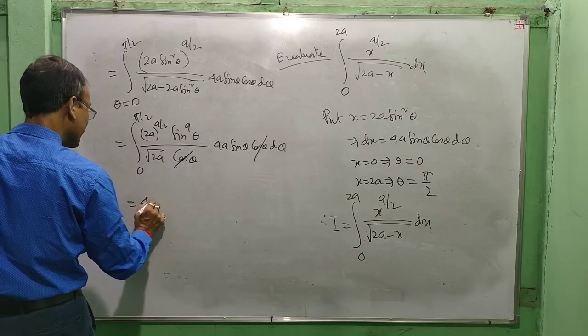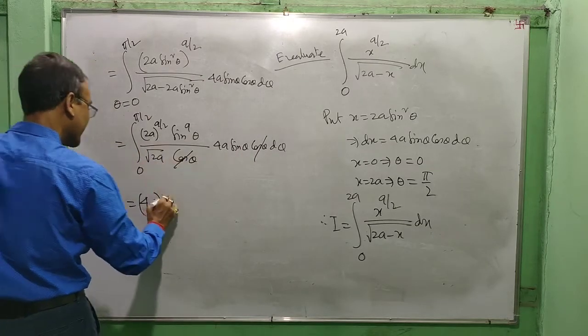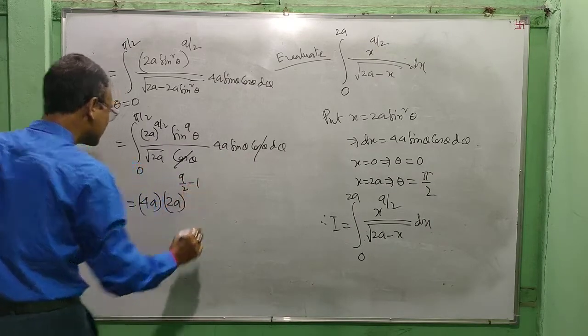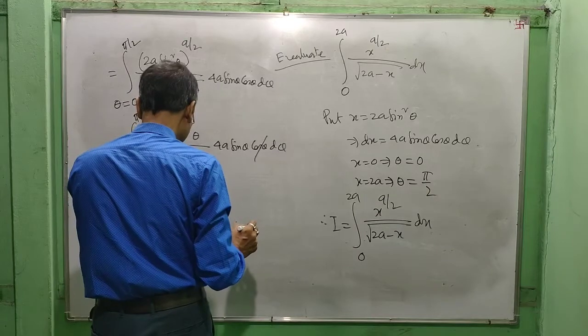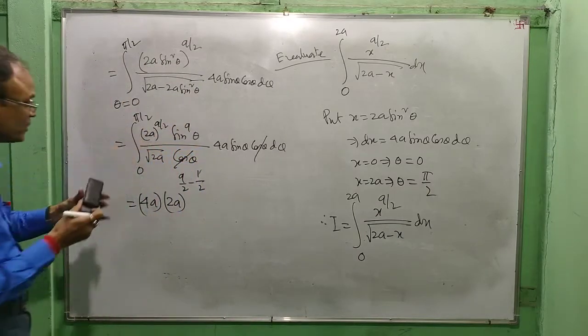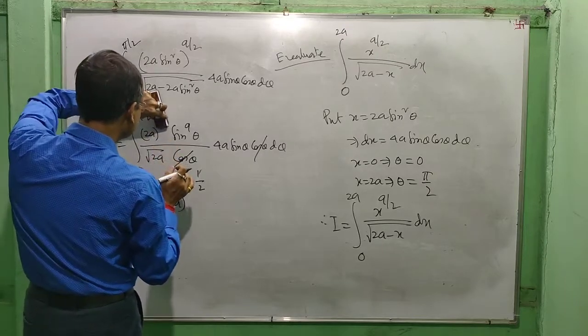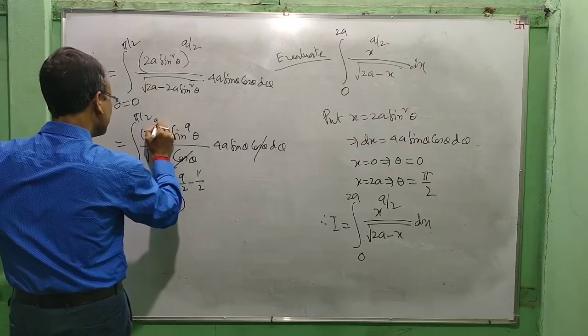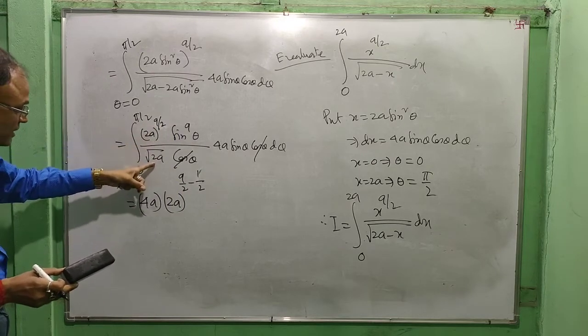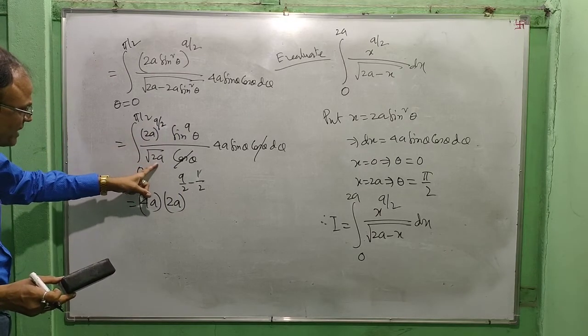This is equal to 4a, and twice a whole to the power 9 by 2 minus 1 by 2. This is 9 by 2, so twice a whole to the power 9 divided by 2 minus 1 by 2.